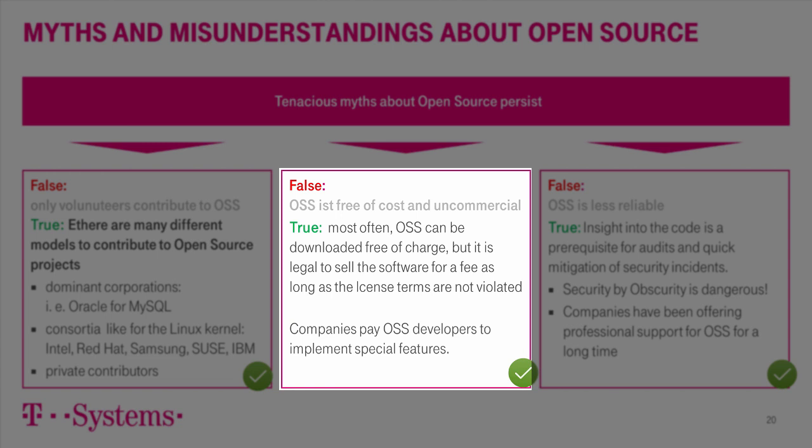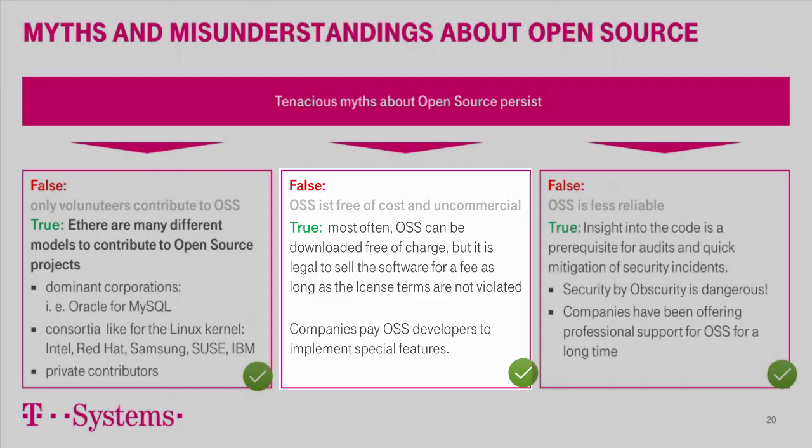Why should a company pay for open source software? Because it gets some form of managed service support or some other special features are developed for this company for a fee. So it's perfectly right to make a business case in selling open source software.